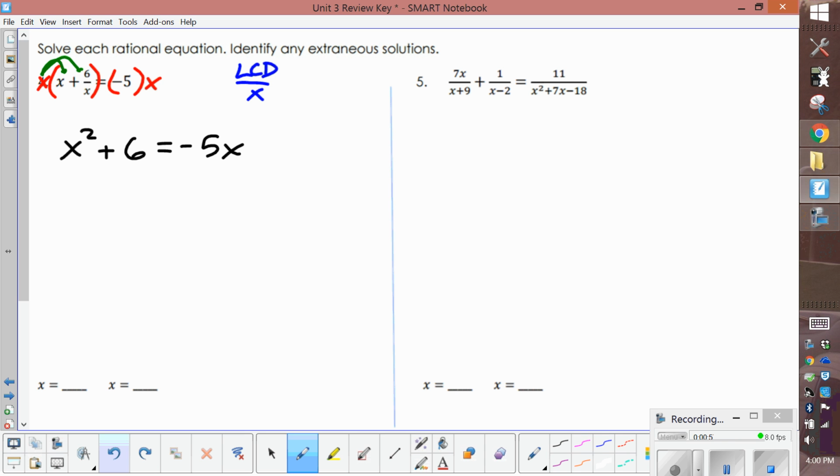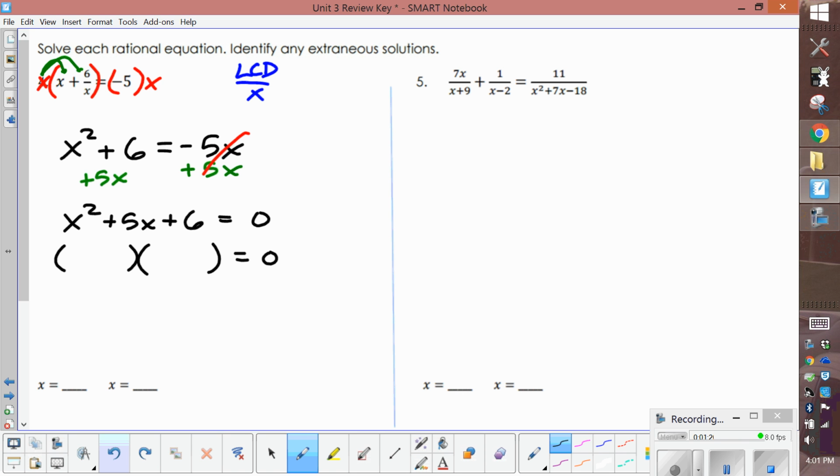I'm going to go ahead and move this negative 5x to the left. This goes away. And I get x squared plus 5x plus 6 equals 0. Now this should be something I can factor pretty easily.